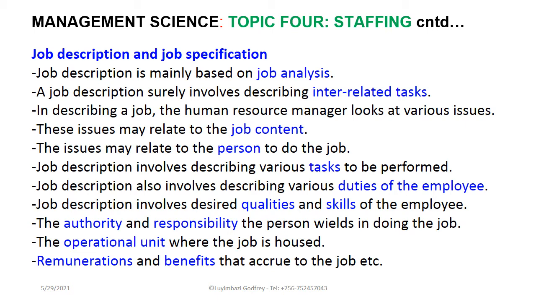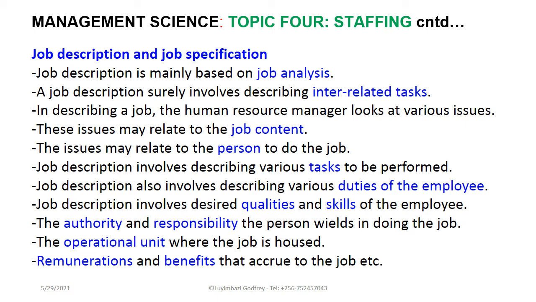Now, there are particular things that we must include in our job description document. For example, the authority that person will wield has to be specified in the job description document. The responsibility that the person will be having should be clarified in the job description document.